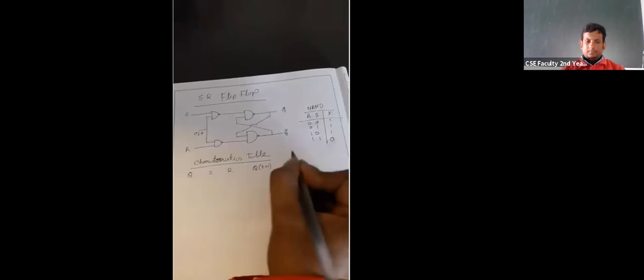Let me write down the characteristics table. It will contain Q, S, and R, and this is Q(t+1), which you can write as a suffix.